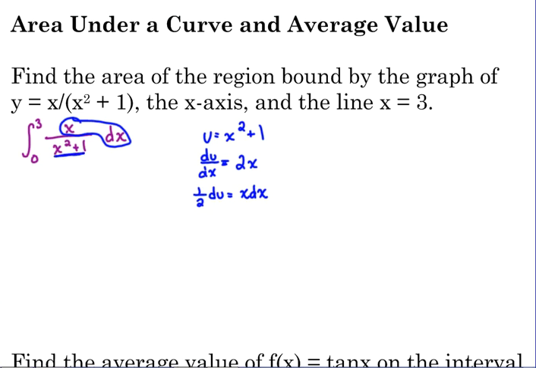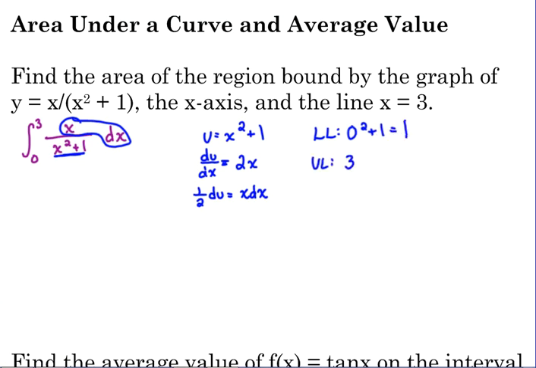This is our u. And don't forget, since we're doing U substitution with a definite integral, let's go ahead and change our limits. Plug your limits into the expression for u. Plug in 0, we get 0 squared plus 1, so our lower limit is now 1.